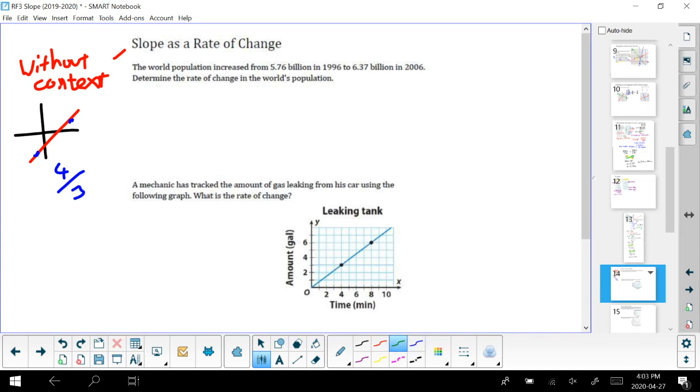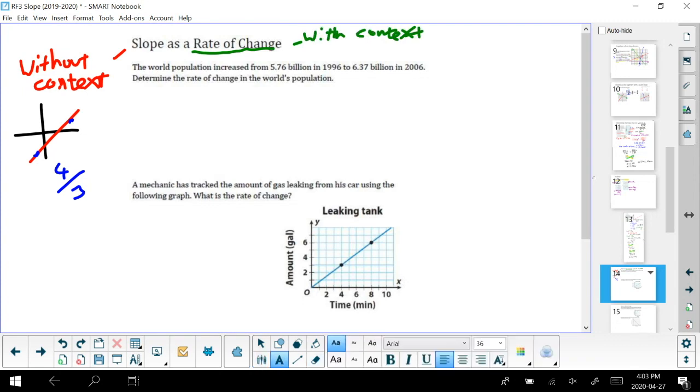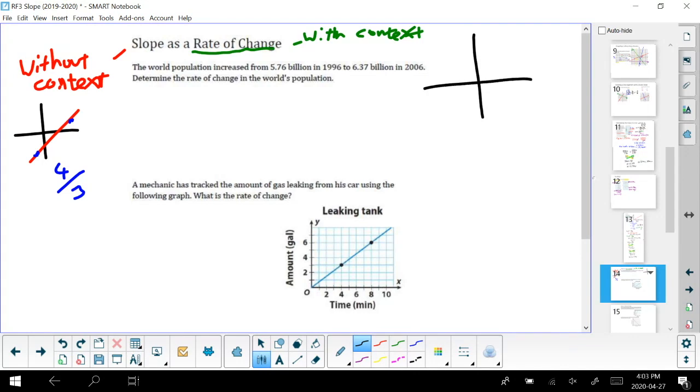On the other hand, if we talk about rate of change, we can talk about it as slope with context. So we're going to add some sort of context whenever we refer to slope as a rate of change. And in this case, we're going to represent this with an example of something perhaps that looks more like this.